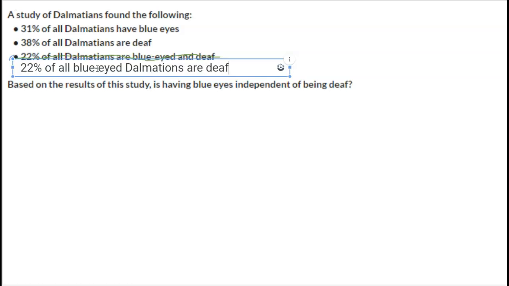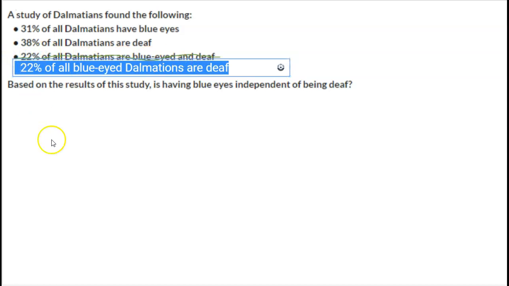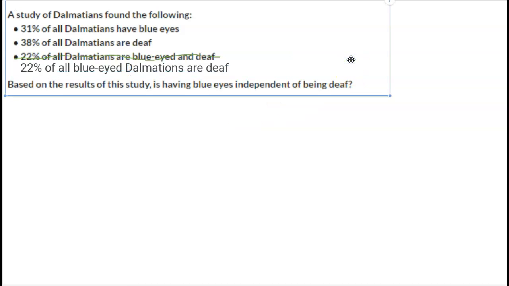Now, I wanted it on purpose. I'm kind of being a little annoying, right? What I'm doing is blue and deaf come in the sentence in the same order, and there's Dalmatians also, and it's even the same percentage.